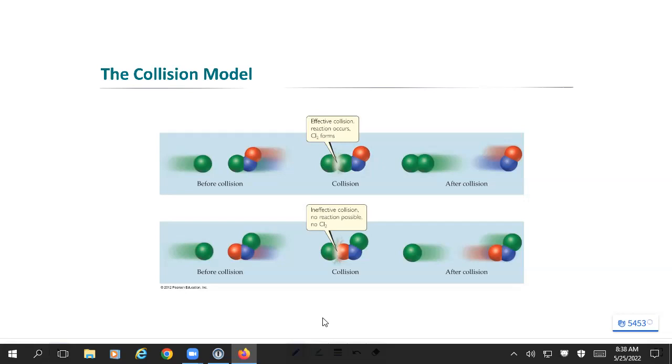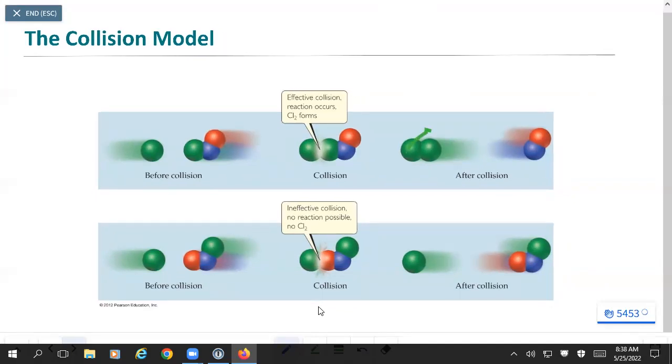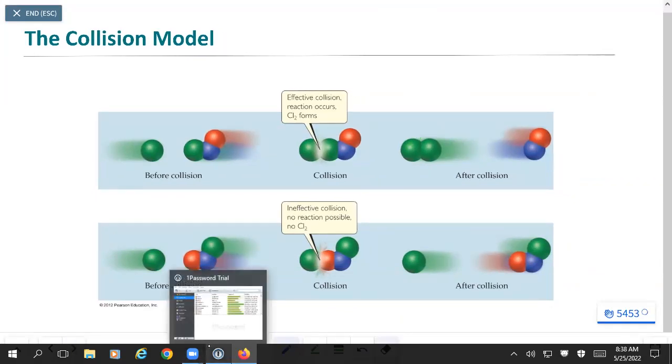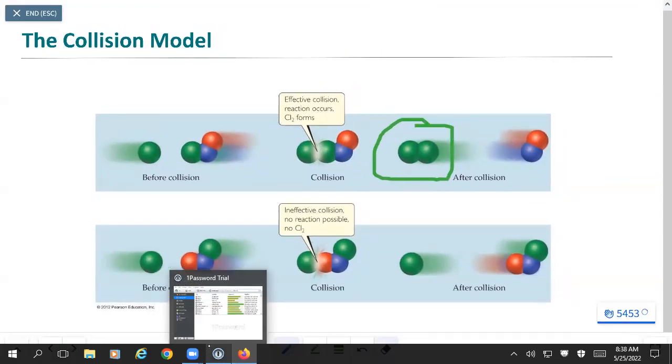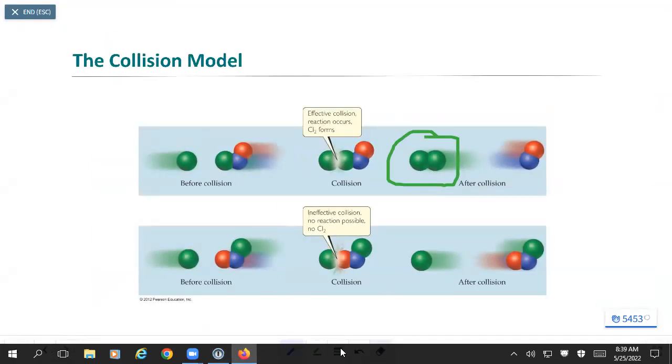And if I look at the collision model of the reaction, I can see that the products of the reaction are supposed to be these two green dots, let's call them chlorine, and this red and blue dot here, we're going to call that, it looks like nitrogen monoxide, NO. So beforehand, we had a chlorine atom, and we had a molecule of NaCl.